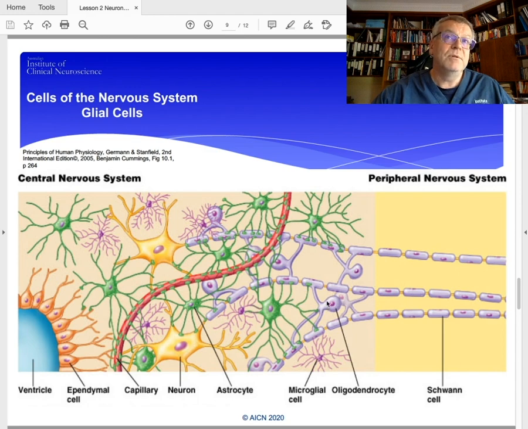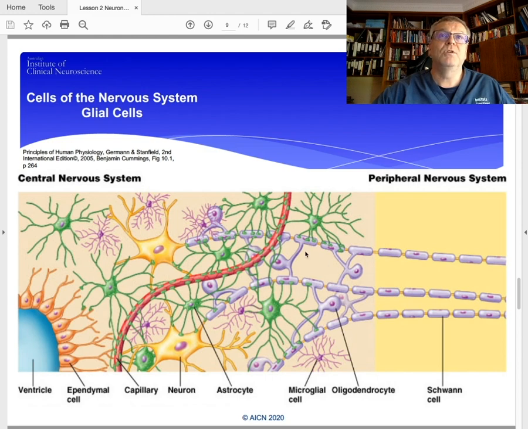One of the main differences is that one oligodendrocyte makes contact with more than one axon, so it's forming the myelin on more than one axon, whereas in the peripheral nervous system, Schwann cells are only in contact with one neuron.